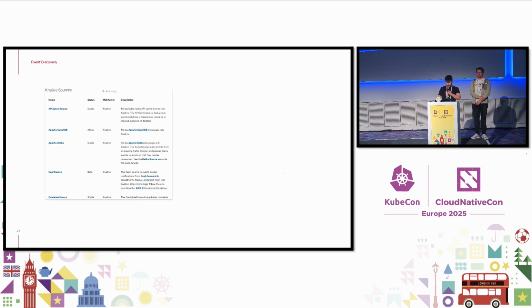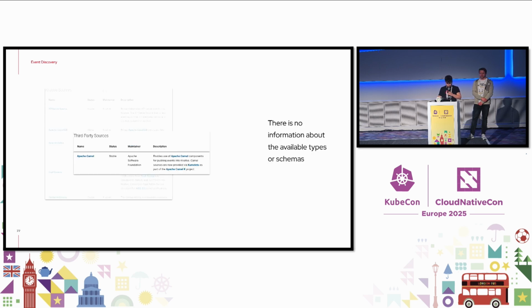So far, on the documentation website, you had a long list, and you had to dig through each individual source to understand what it was producing, what kinds of events I'm going to be able to consume with that source, and also the shape of that event so that I can deserialize it and do something useful with it.